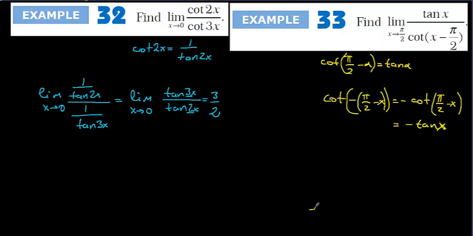Cotangent of minus alpha was equal to minus cotangent alpha. So this minus sign can be taken out.